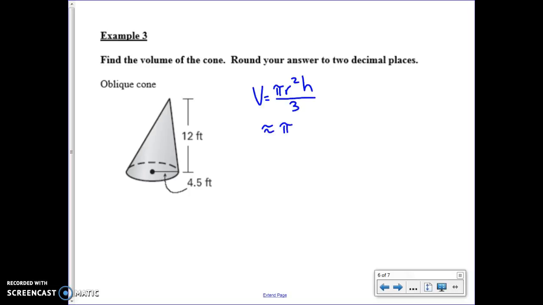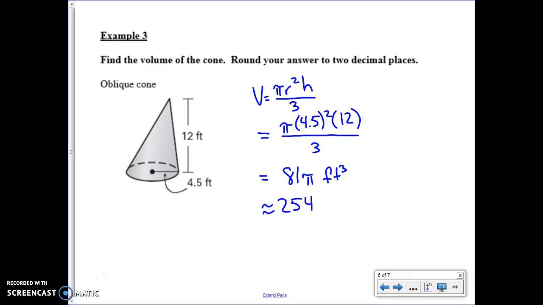So we get pi times the radius squared times the height over 3. I guess we're still with an equal sign. We haven't done anything to approximate just yet, so I'll use a normal equal sign here. Okay, so then if I multiply all that out except the pi, I get 81 pi feet cubed. Then if I multiply that pi in there, I get 254.47 feet cubed.